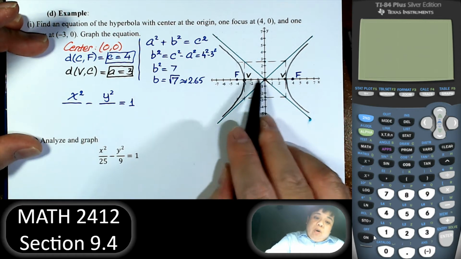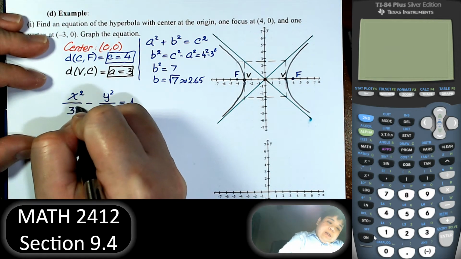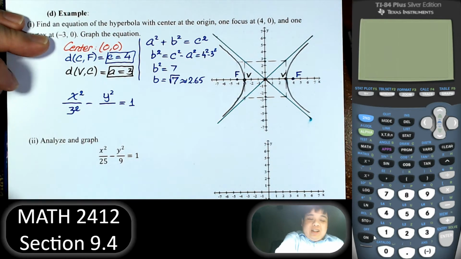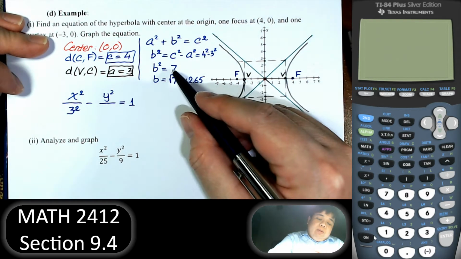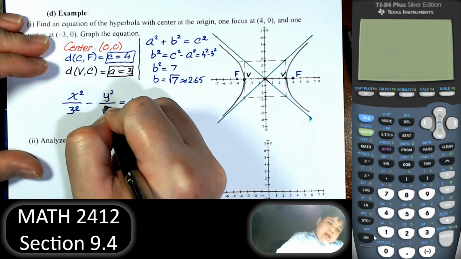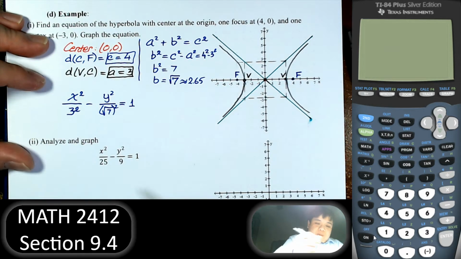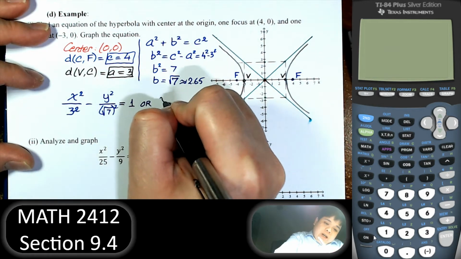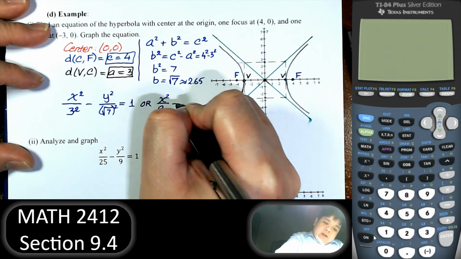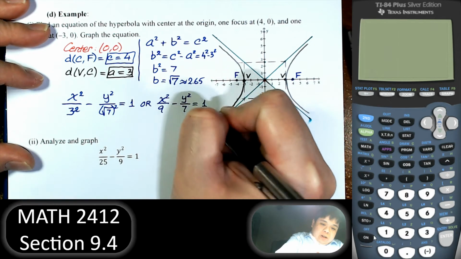Since this box goes left and right 3 units, put 3 squared under the x, and up and down square root of 7, or square root of 7 squared, and that's what we have. Of course, x squared over 9 minus y squared over 7 equal to 1.